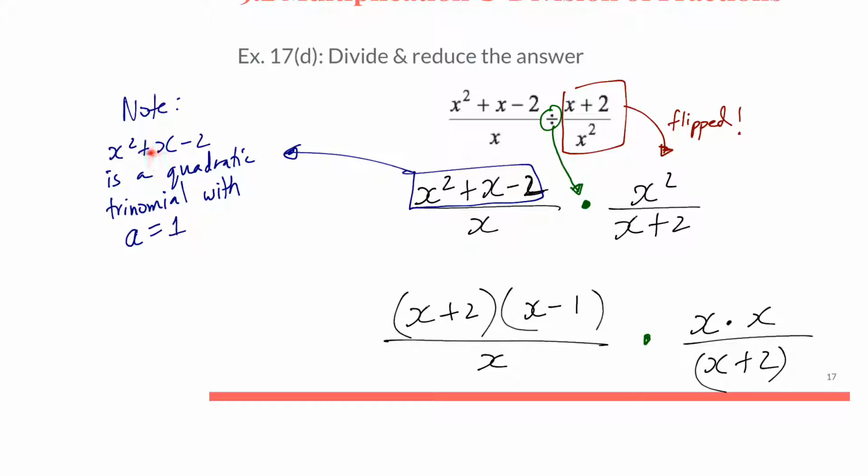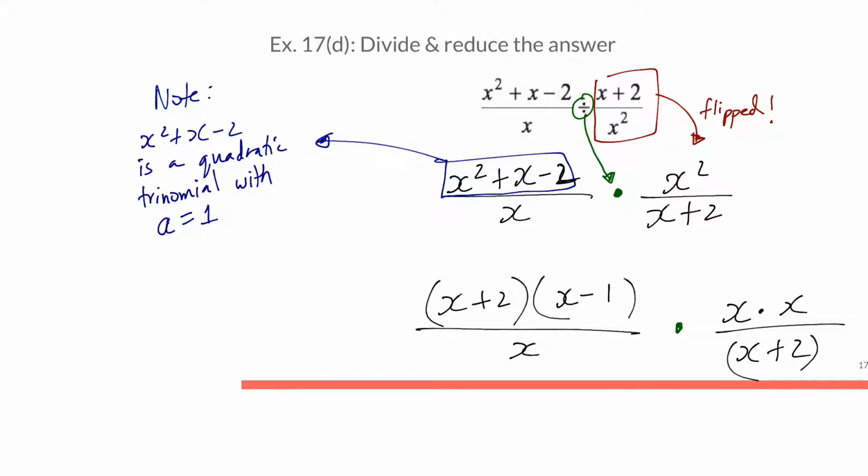B would be the number with the x, and c would be this number. So a equals 1, and the way to factor would be to find two numbers whose product is a times c and sum is b. A times c based on this is -2, sum is 1.